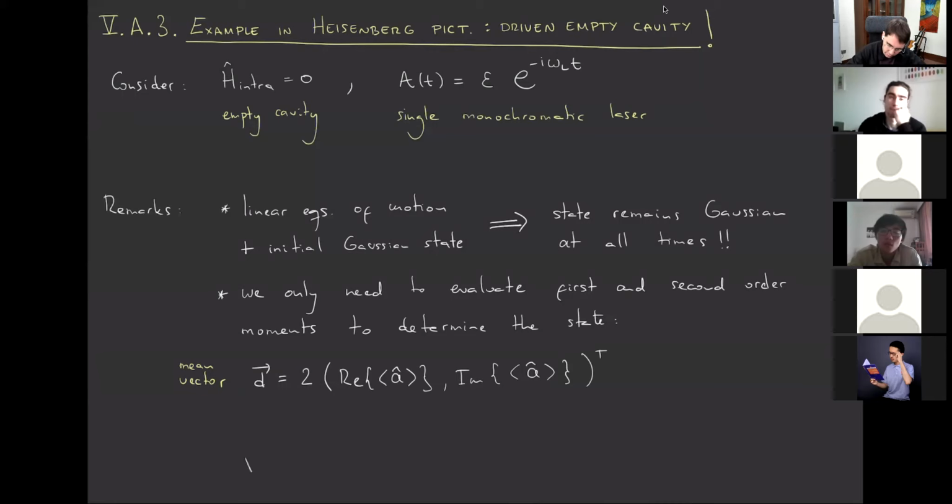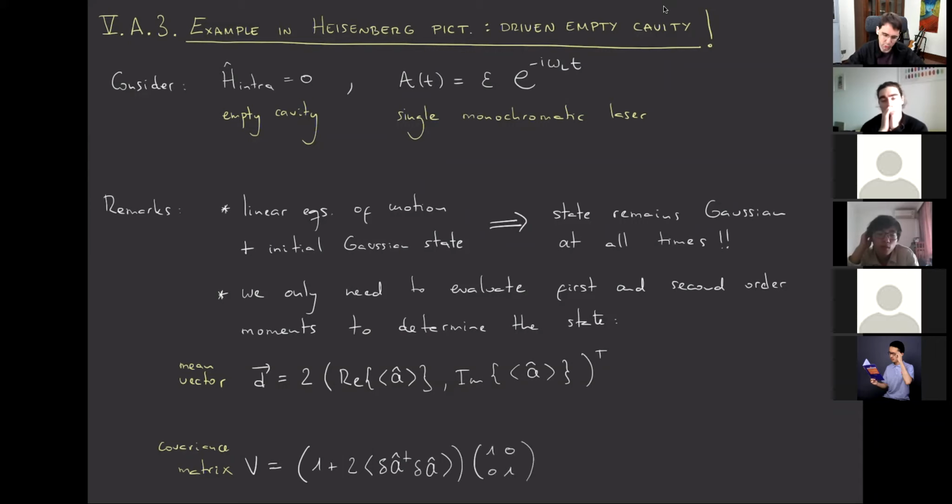And then we have the covariance matrix, which can be written in terms of moments of the annihilation and creation operators in this way. I didn't show you this, but it's something that you can check yourself very easily.